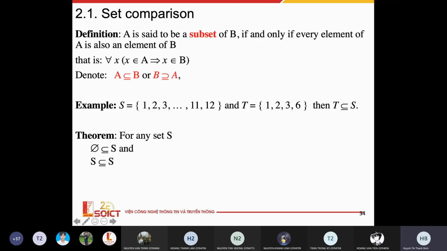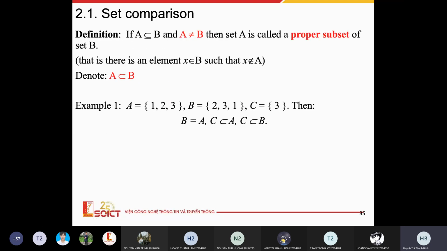There are 12 elements in the set S and 4 elements in the set T. The elements of T are 1, 2, 3, 6, and the elements of S are 1, 2, 3, 4, 5, 6, 7, and so on until 12. Then in this case, T is a subset of the set S. And another definition: if A is a subset of B and A is different from B, then set A is called a proper subset of set B.